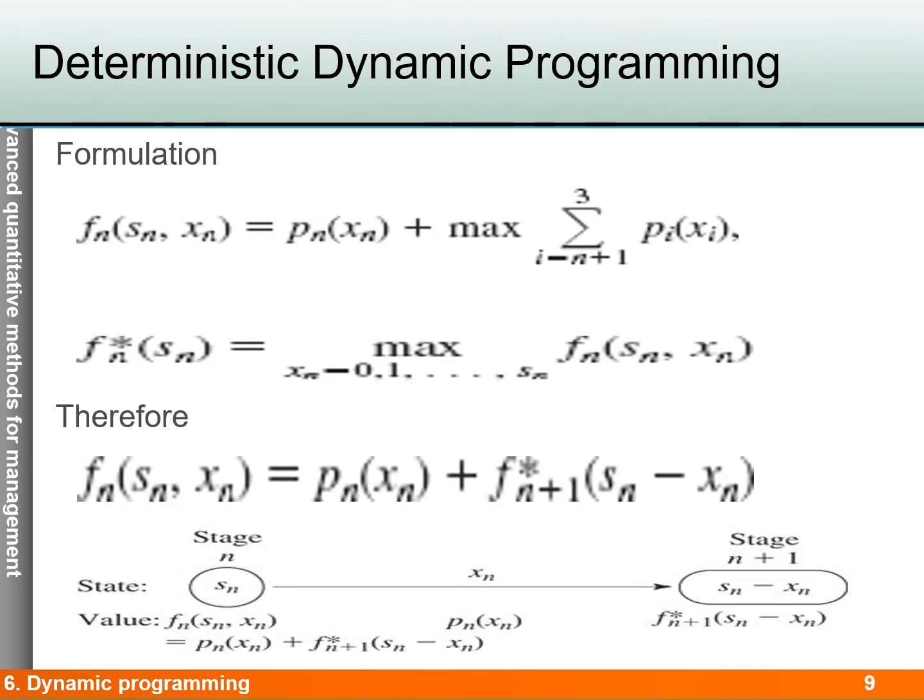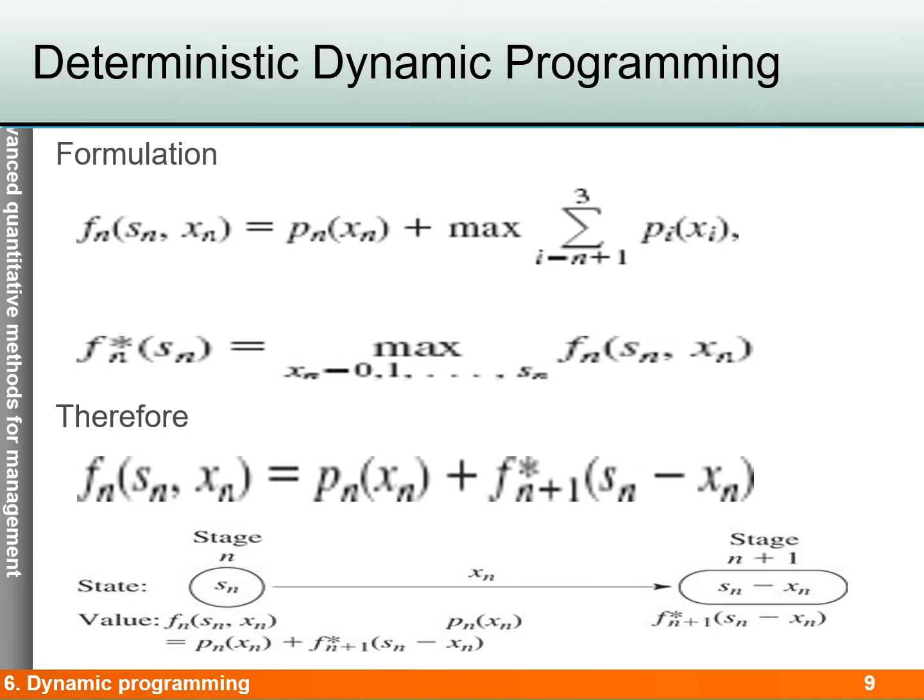So as you see here, guys, like the example of the stagecoach problem, this function fn of sn and xn is the performance of the current level plus what comes from level n plus 1, what comes from the future, the maximum of that.